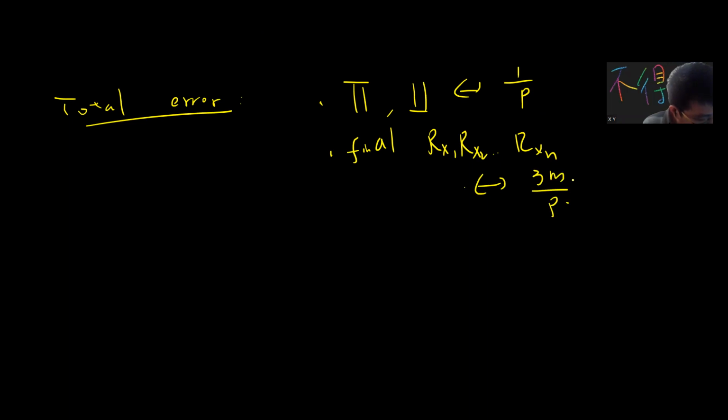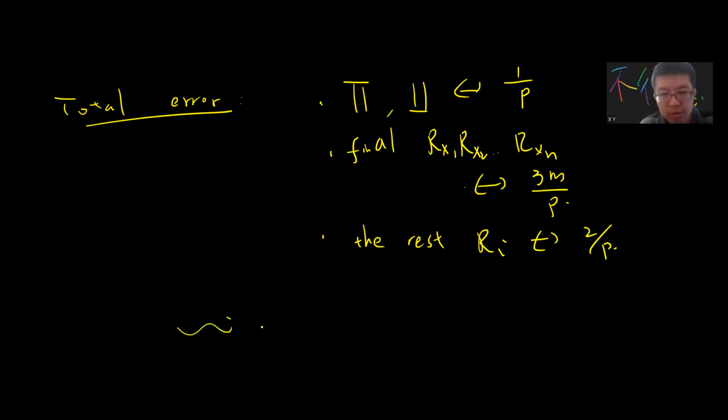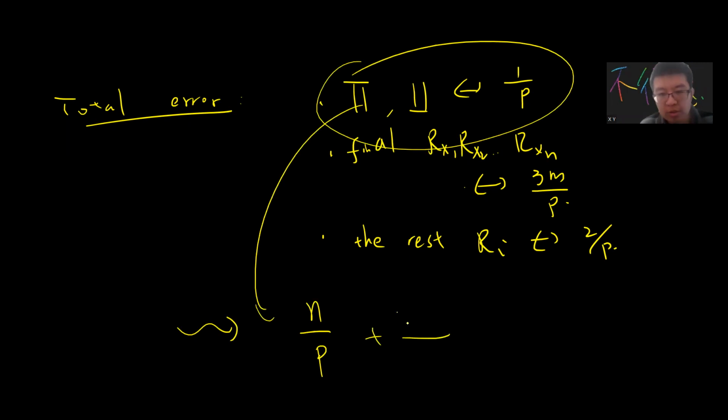Then for the rest, the reducing operator, I have error like 2 divided by p. So you can compute the total probability. It's basically n divided by p, because you have at most n of them, plus 3n divided by p times n, because each of them is at most 3n divided by p plus 2 divided by p.